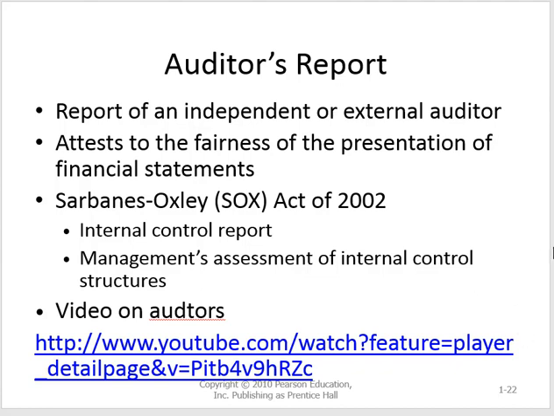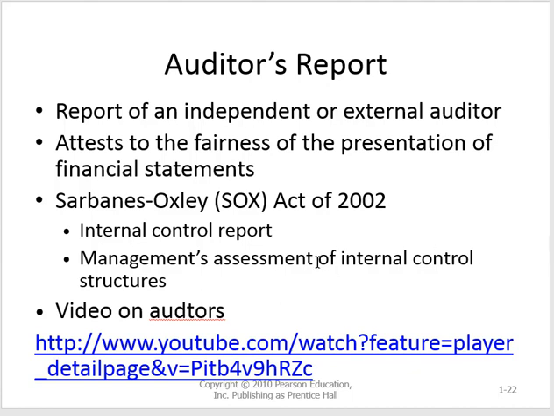In every annual report, one of the things we're going to want to see is the auditor's report. This is an independent or an external auditor. Their job is to attest to the fairness of the presentation of the financial statements. I'm sure you've heard of the Sarbanes-Oxley Act, but essentially what this act does is put more control, or more emphasis, if you will, on the quality of the financial statements so that we can count on and rely on the information more.